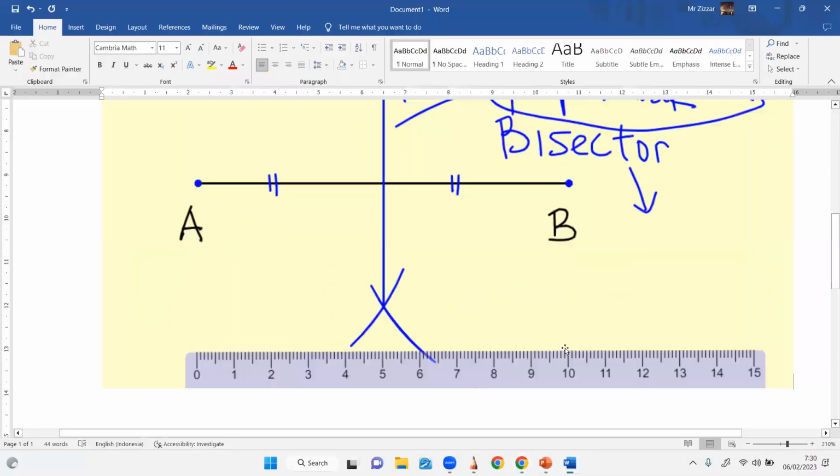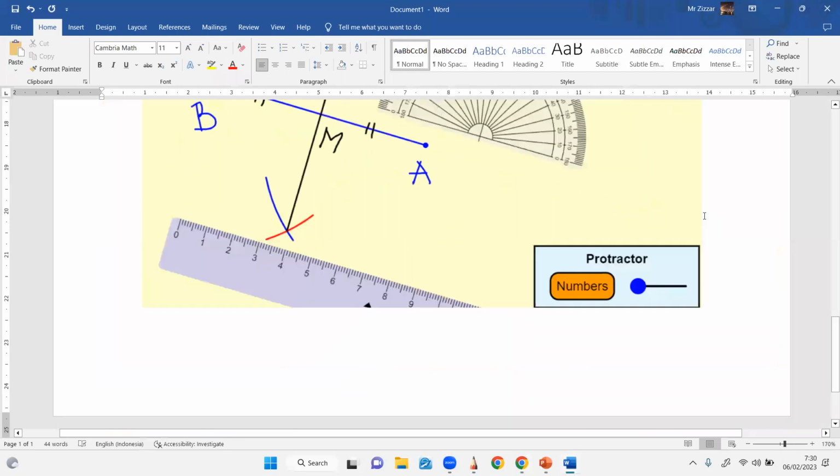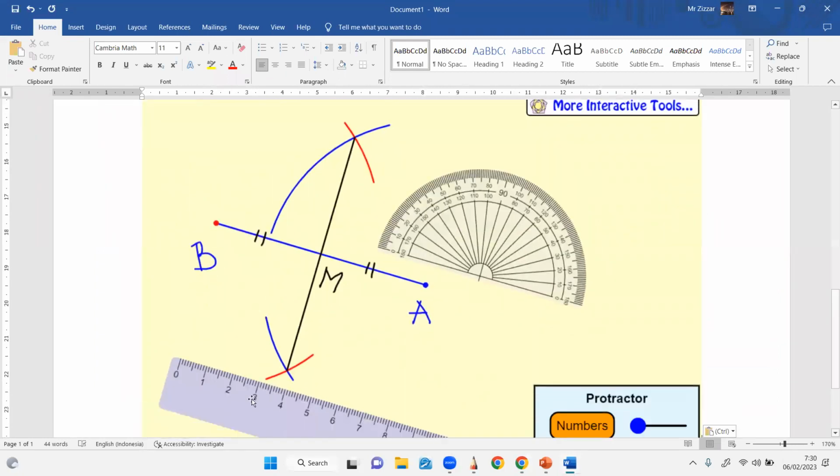Okay, so this is another example. Make sure that it is 4 cm for each. Any questions so far? Yes, Niken? Good question. We can ask how long the compass length will be.